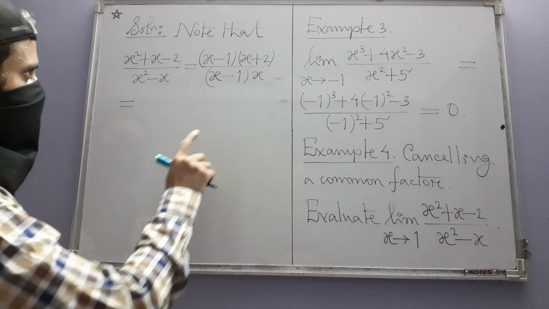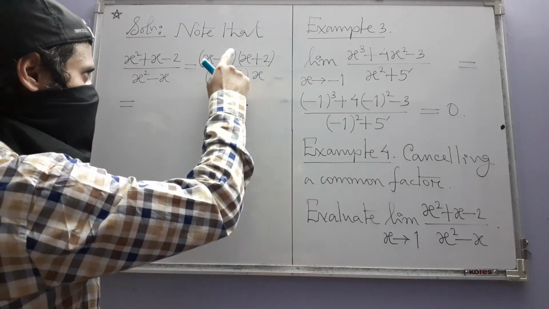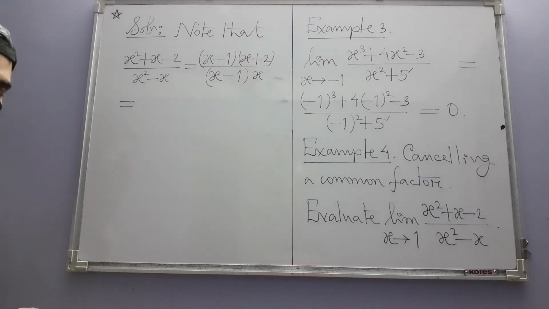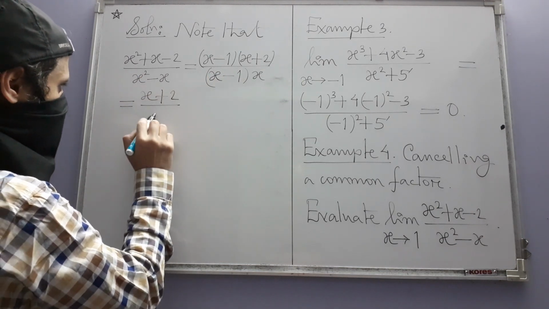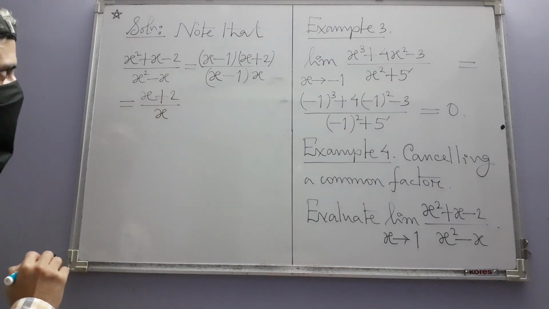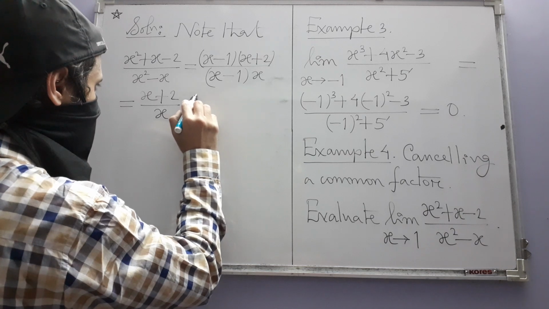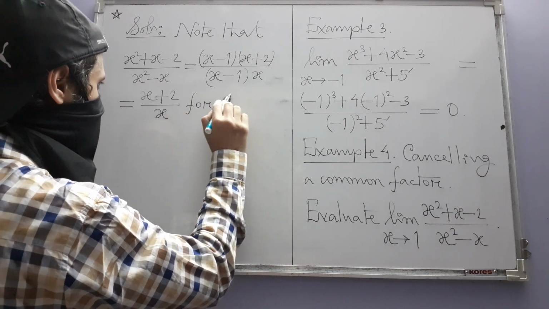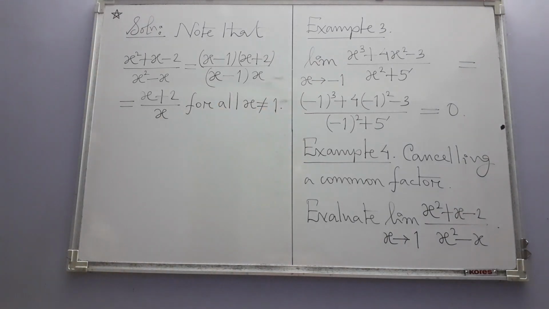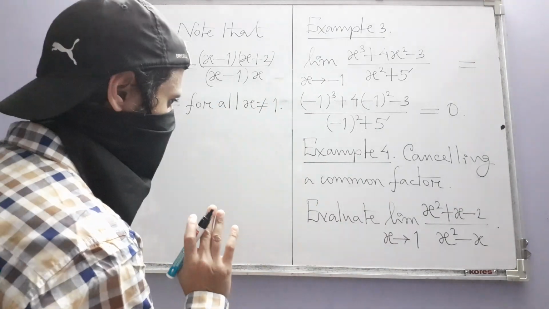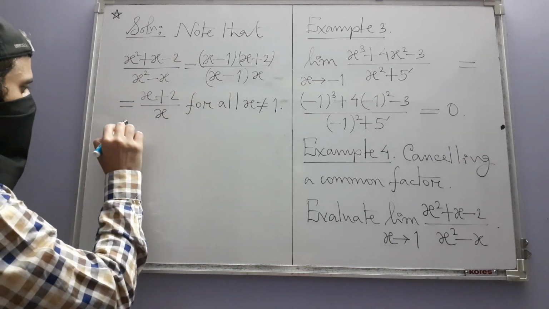So that is why x minus 1 is not equal to 0, and that is why we can cancel x minus 1 to have this more simple quotient for all x not equal to 1. And because in our limit x is not 1, so now we can use this instead of this.